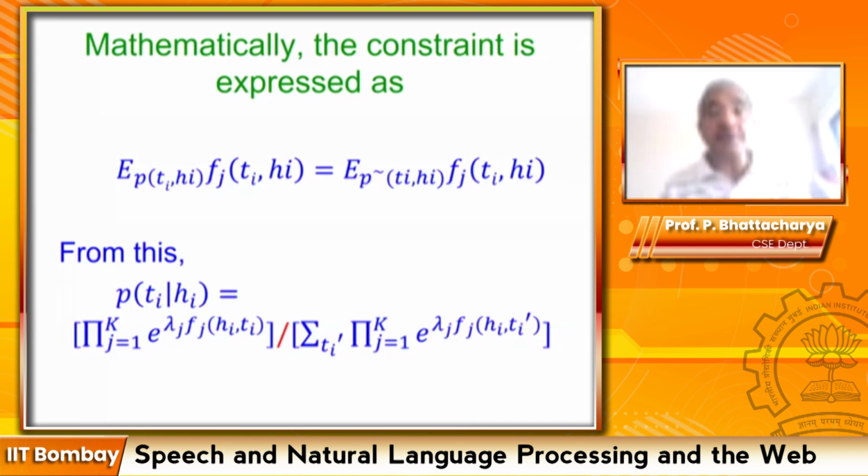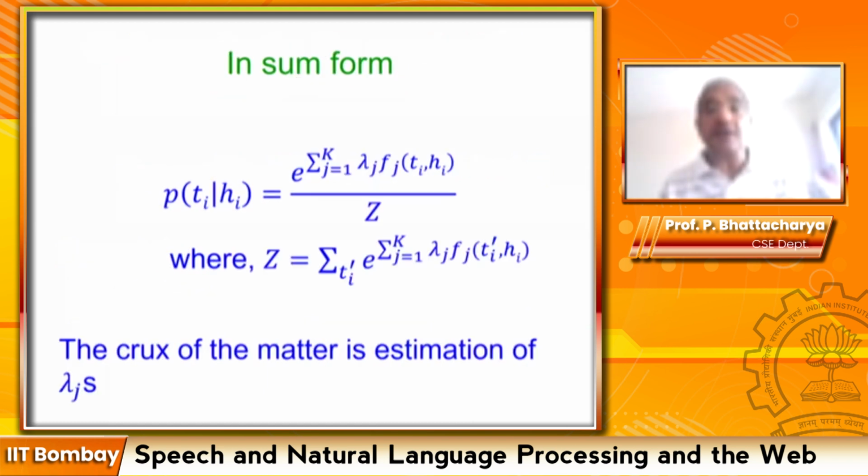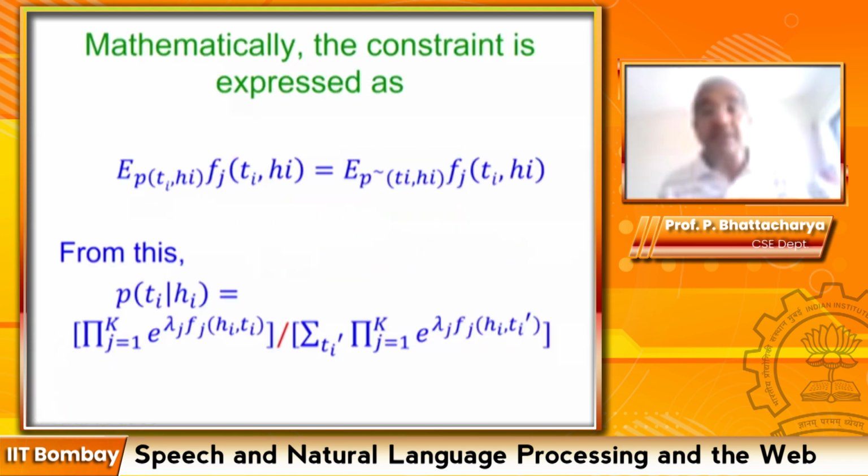So the question I think of Indrajit is that we have probability of Ti given Hi, whereas the expectation seems to be in terms of joint occurrence of Ti and Hi. So probability of Ti Hi, and here also probability P tilde Ti Hi. Okay, so there is a notational difference. So that is the question. Is that the question, Indrajit? Yeah, that is the question. Okay, that is the question.